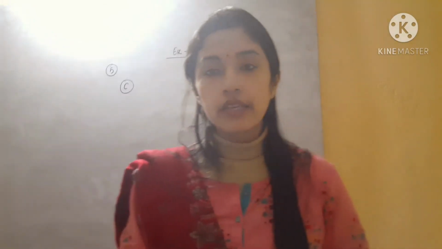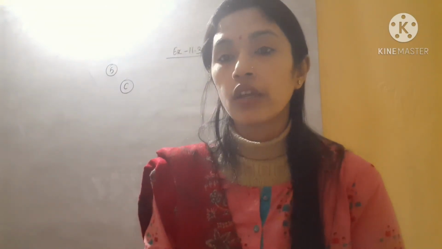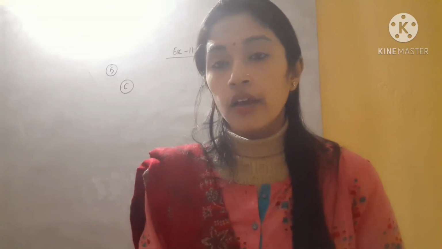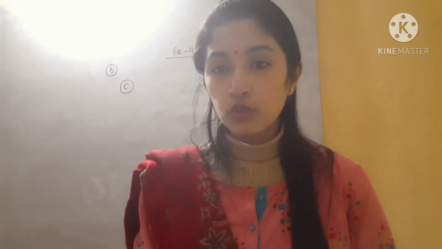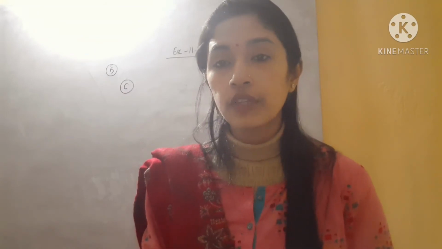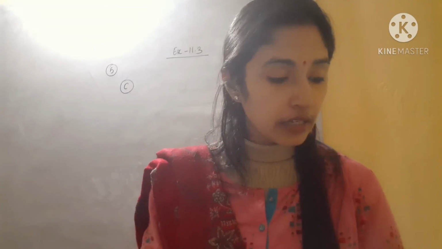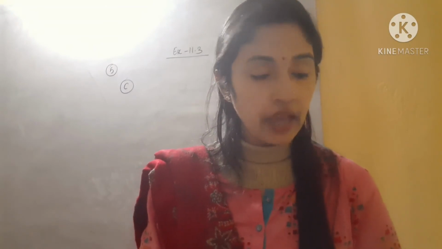Okay, so students, the last question is number C. Here you can see in the given question, the given conditions are there are 4 types of fruits which are given, and the weight of the respective fruits are given. Okay, there are 4 fruits, that is apple, grapes, strawberry and oranges.